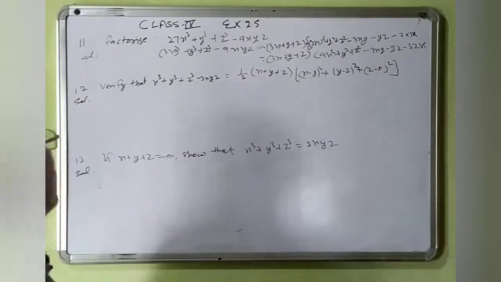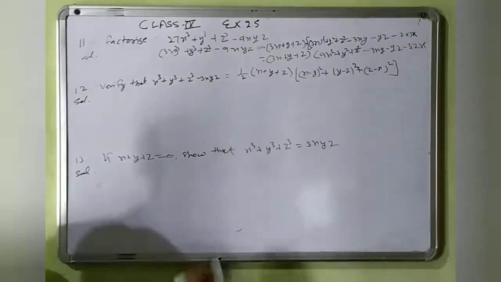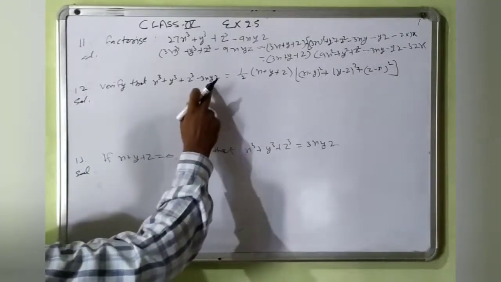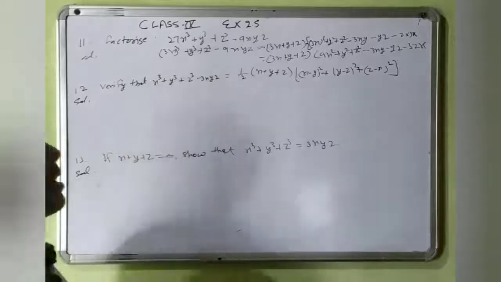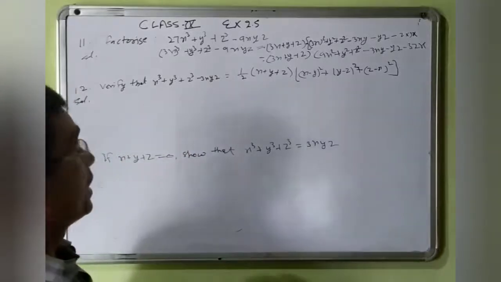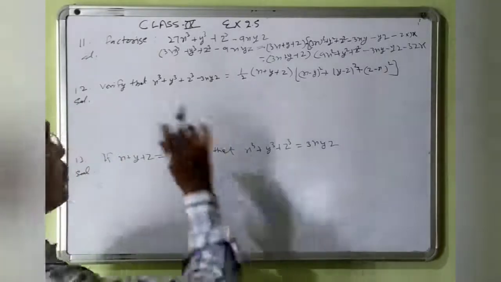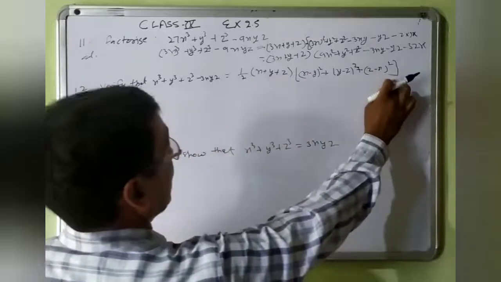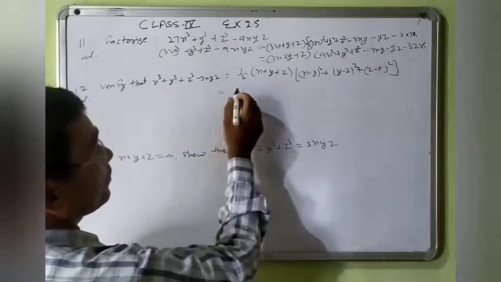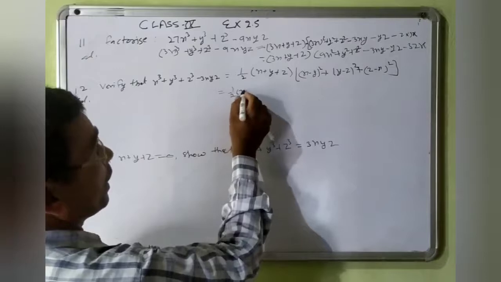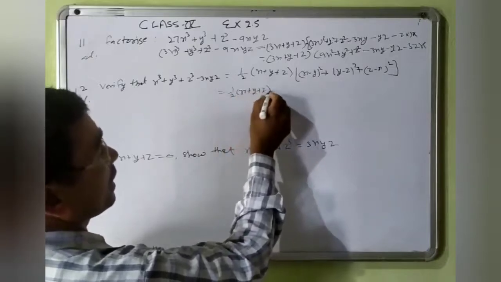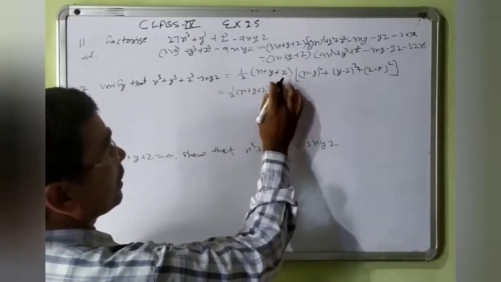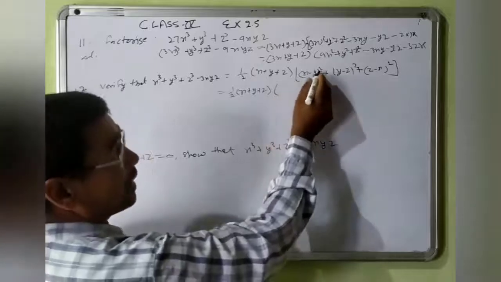Okay. Question number 12. Verify that x cube plus y cube plus z cube minus 3xyz. This question is also related to identity 8. So we will solve this thing. Here 1 upon 2 times x plus y plus z into x minus y whole square.